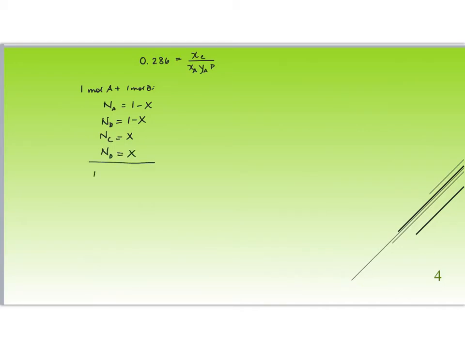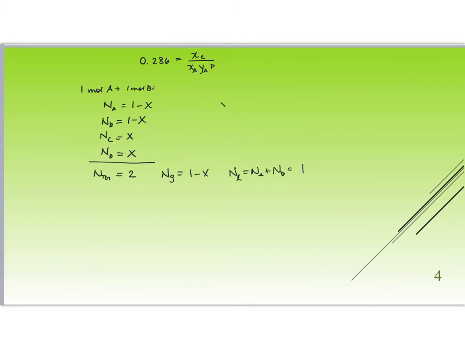If I look at the total number of moles from this reaction, there is no change, so started with 2, end with 2. However, I have gases, and the only gas I have is B, and so the number of moles of gas will be 1 minus x, and the number of moles in the liquid are going to be N sub A plus N sub C, which means that's going to be steady at 1.